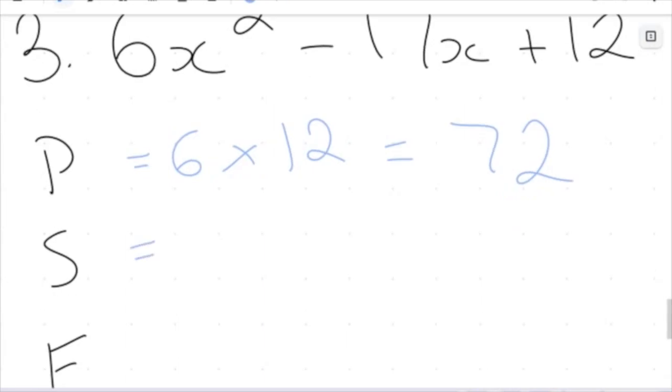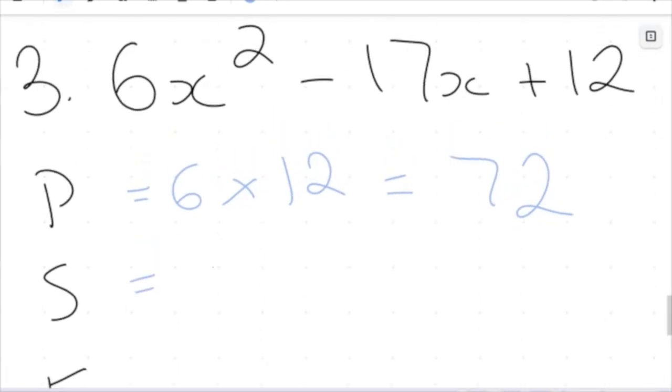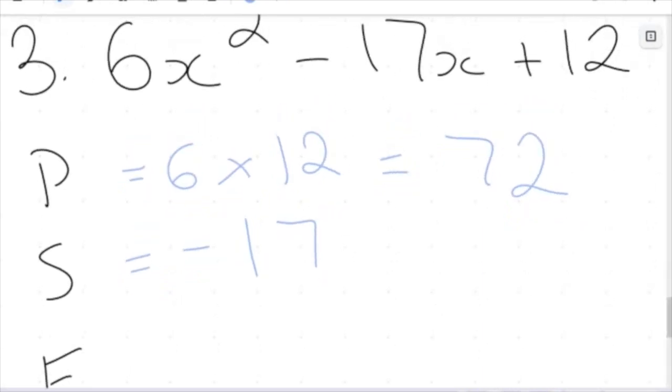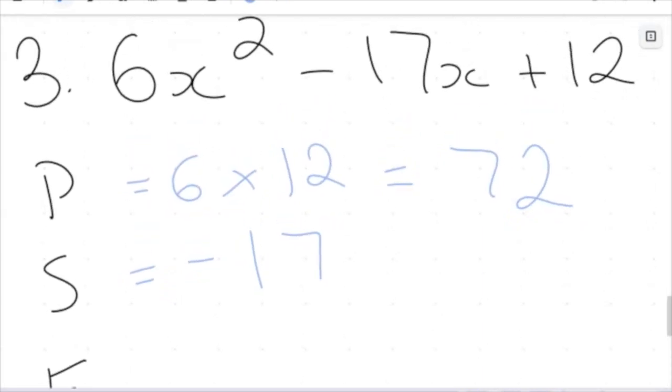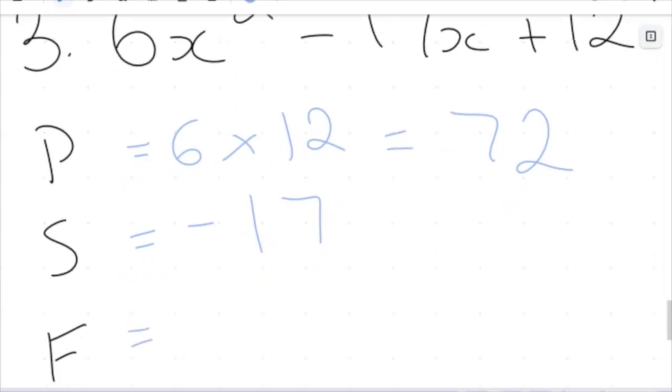And we want a sum that is equal to -17. So we want two numbers for our factors that multiply to give me 72, which is a positive number, and add to give me -17, this negative number. So I'm looking for two negative factors.